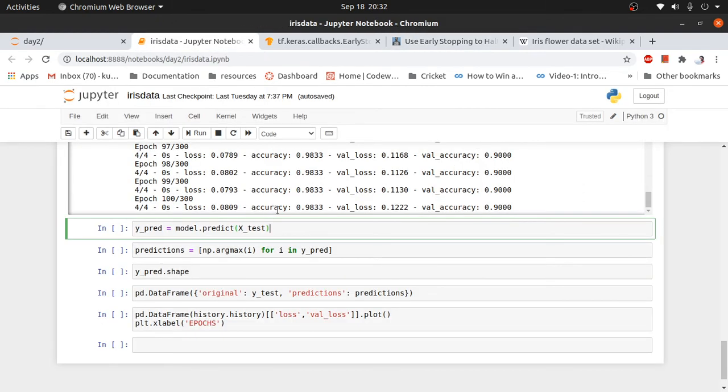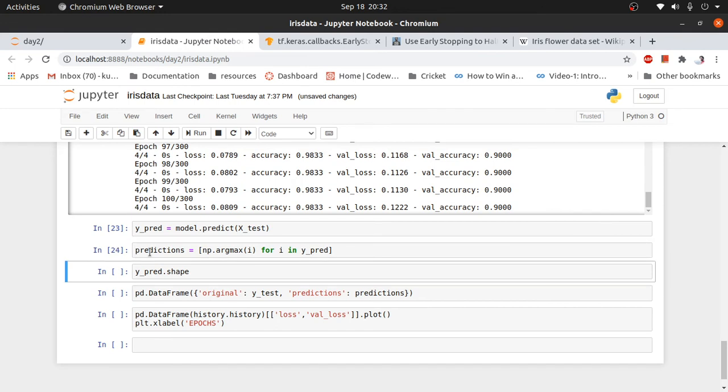Okay, so next we are predicting with model.predict on x_test. This is a data frame we separated earlier. Okay, so let's do it. And then here I am storing the label predictions.